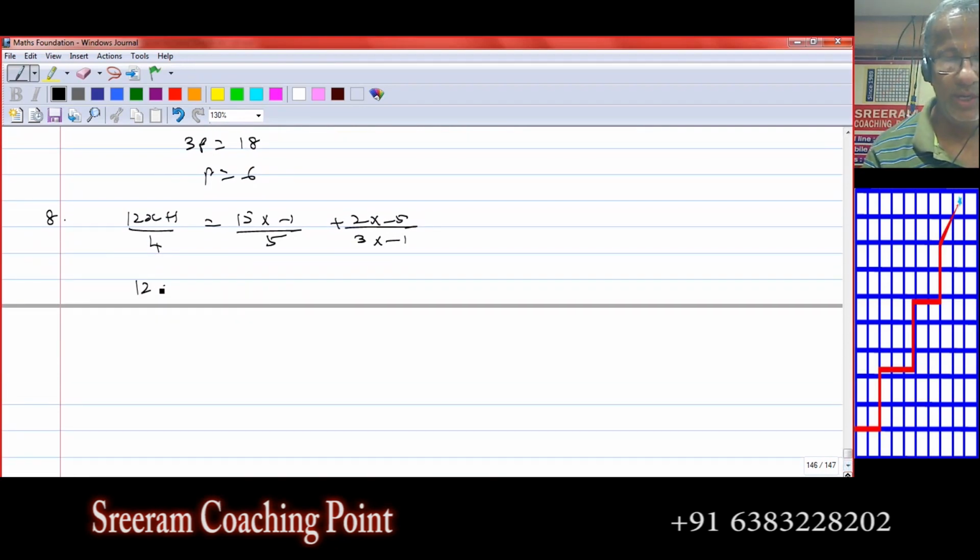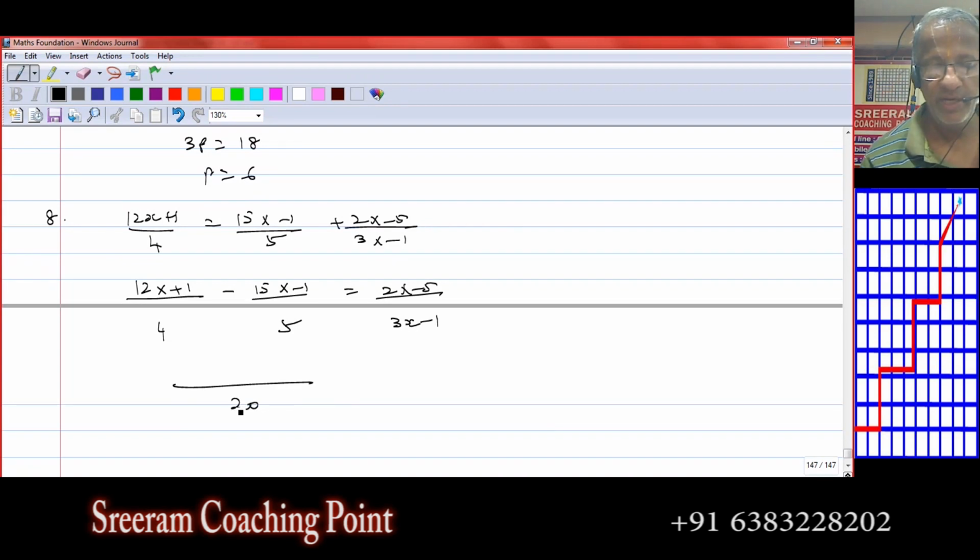So (12x + 1)/4 minus (15x - 1)/5 equal to (2x - 5)/(3x - 1).